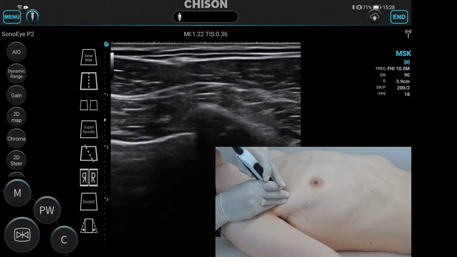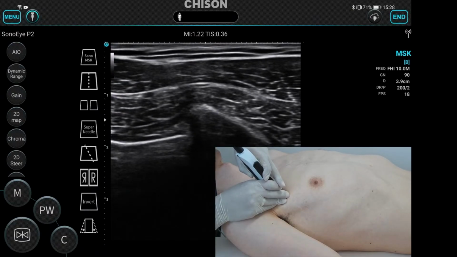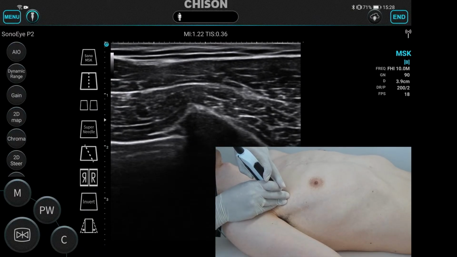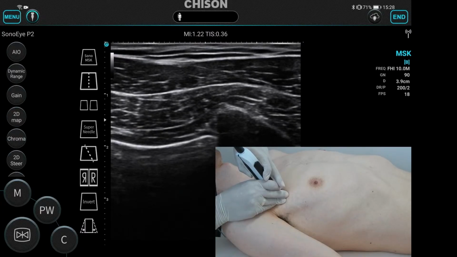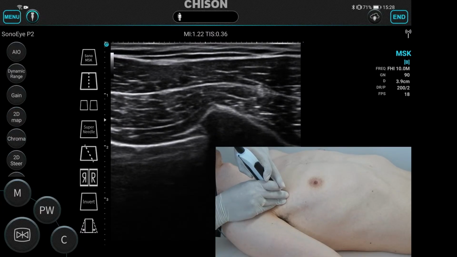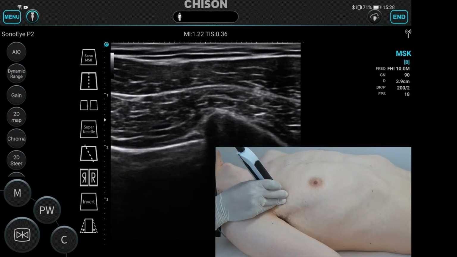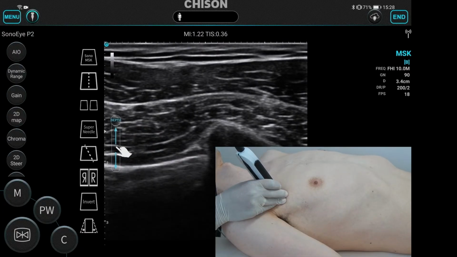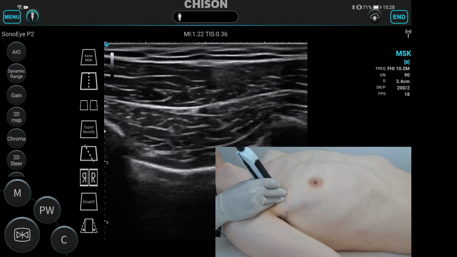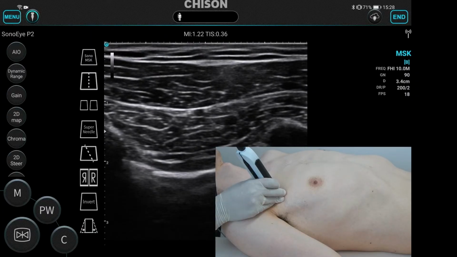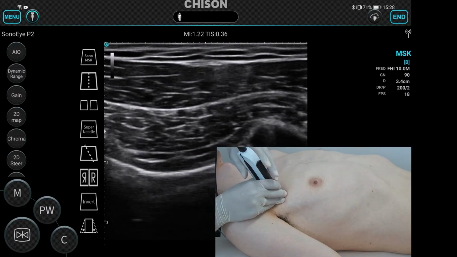We can also see the thoracoacromial artery now. If you see the thoracoacromial artery very beautifully, pulsating over there. You can try to reduce the depth a little bit, and you can focus. If I break it in the middle, you see an artery pulsating, the thoracoacromial artery.